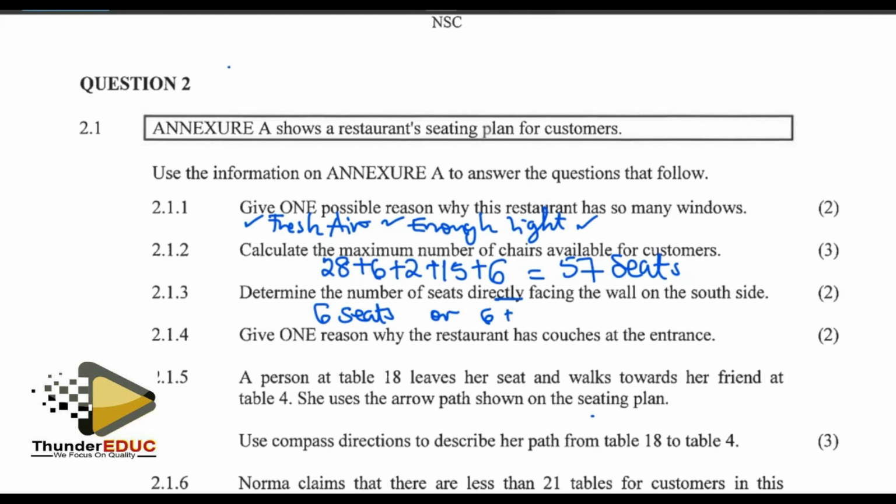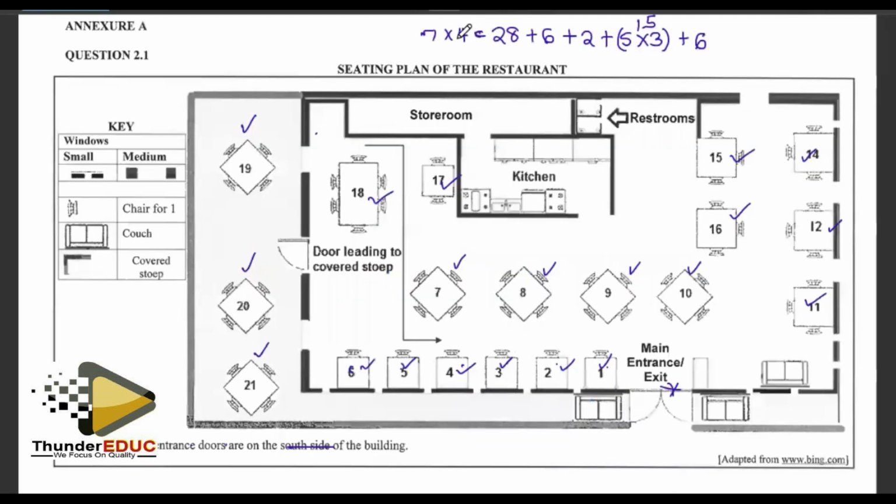I'm going to show you something small here. This is facing the south wall. This is facing. Come to this one here. Another one. Look at this one. What about this one? You see that? So we have 1, 2, 3, 4, 5, 6, 7.